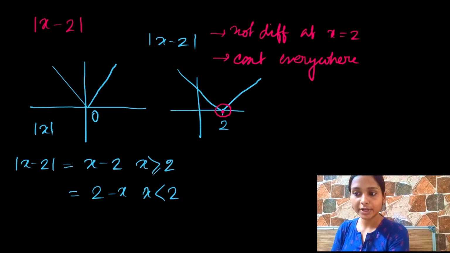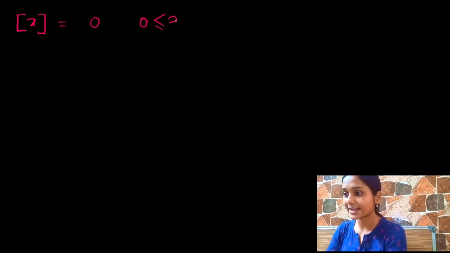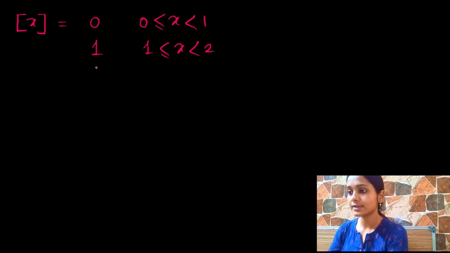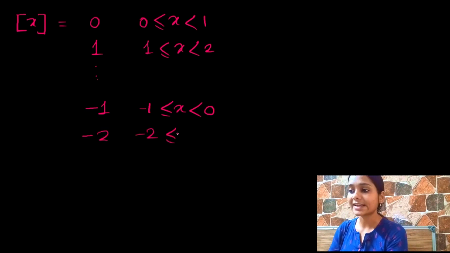Okay, now let me come to the [x] function. The [x] function has this property: it will have value 0 if x lies between 0 and 1, value 1 if x lies between 1 and 2, and so on. Similarly, it will have value -1 if x lies between -1 and 0, and value -2 if x lies between -2 and -1.